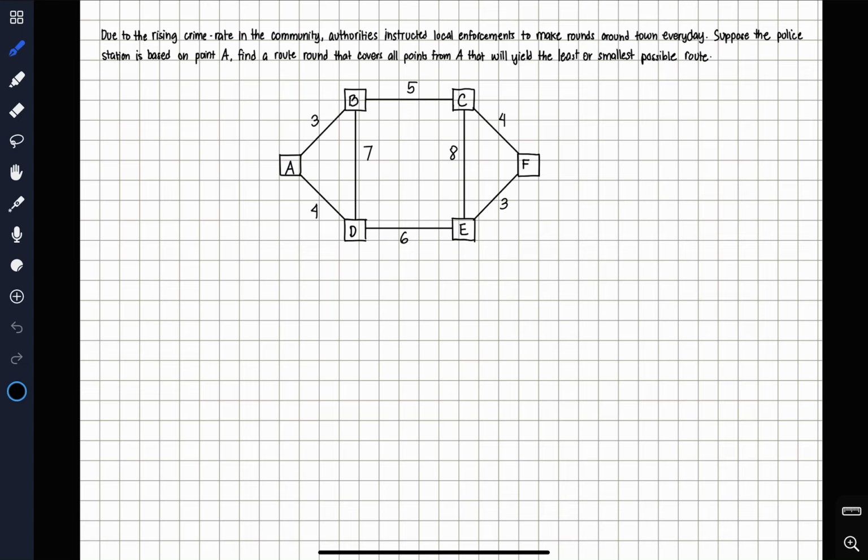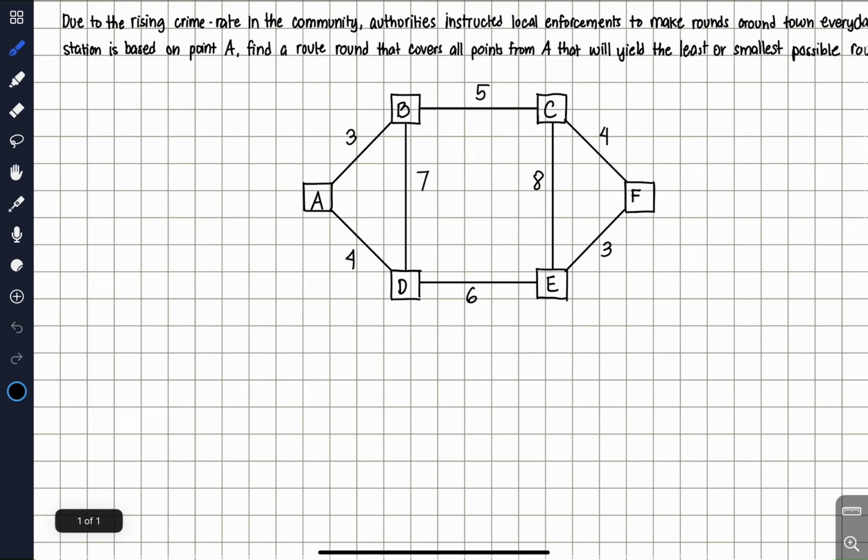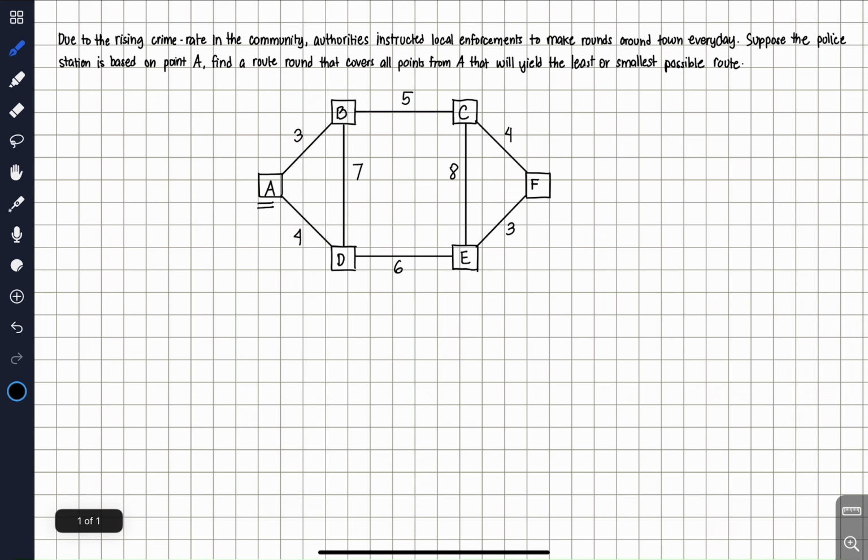So we have our given figure here with the police station basing at point A. So we would originate here. So we start off by identifying the odd nodes.